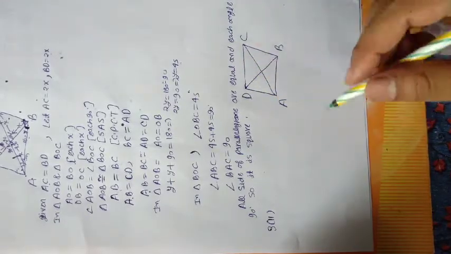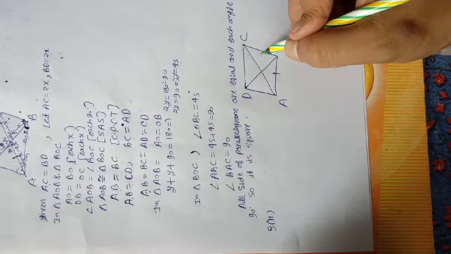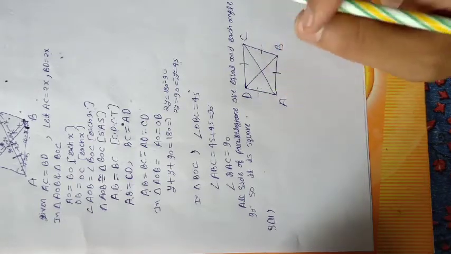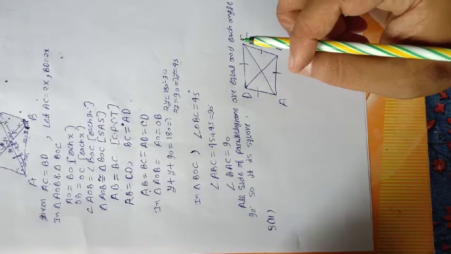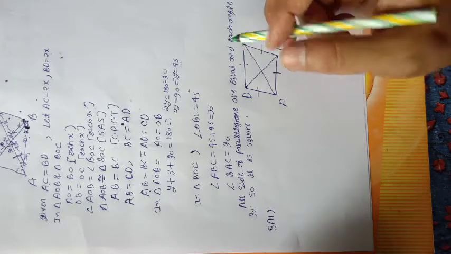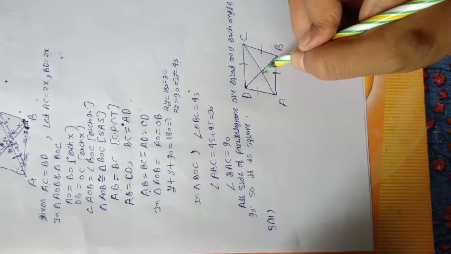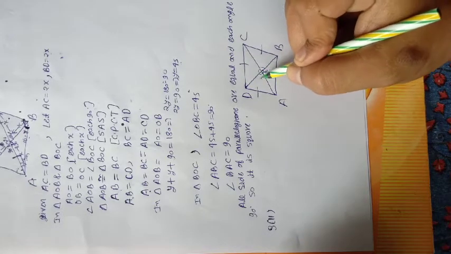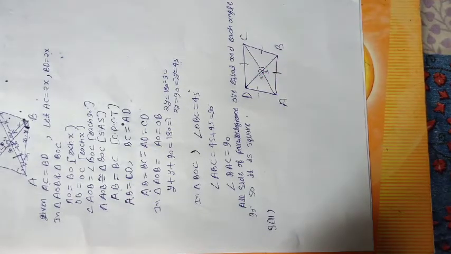It is given that it is a rhombus, which means indirectly all sides are equal. Now we have to prove that the diagonals of a rhombus are at right angle, that this is 90 degrees. We have to prove that.